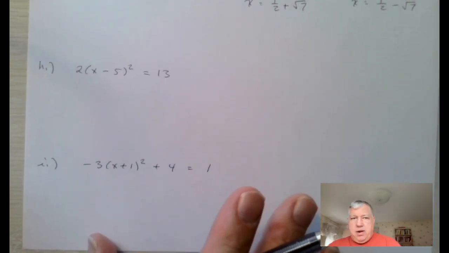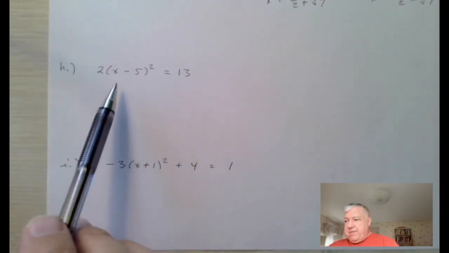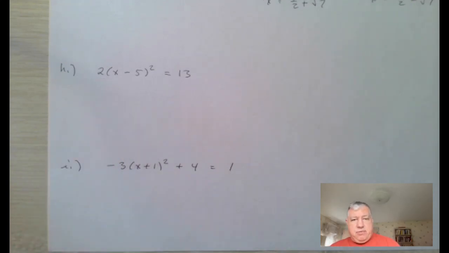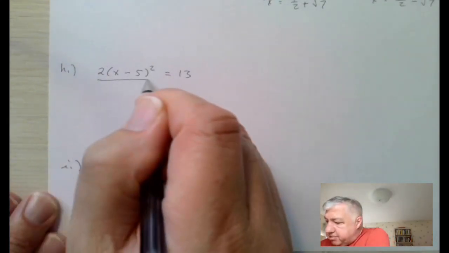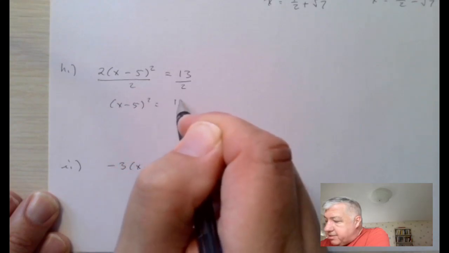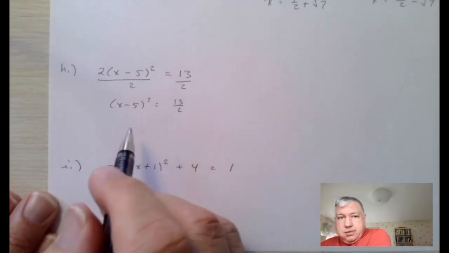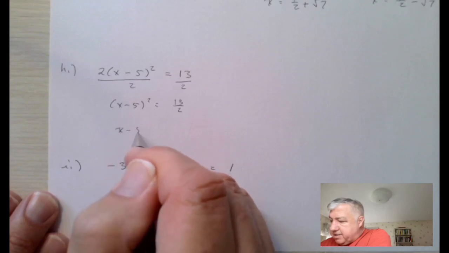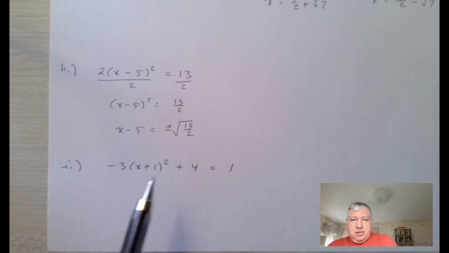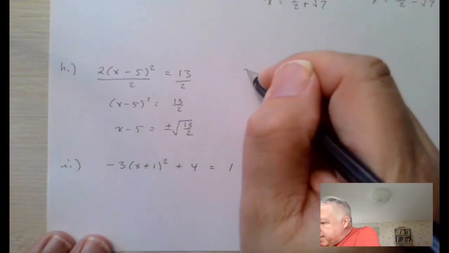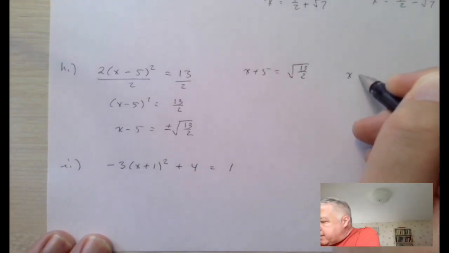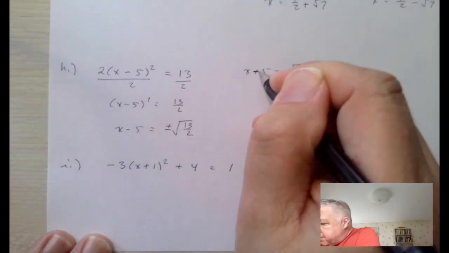Here on part H, almost the same thing, except we have this pesky little 2 here. How do we get rid of it? Divide both sides by 2. So we get x minus 5 squared is 13/2. Then take the square root of both sides. So x minus 5 is plus or minus the square root of 13/2.